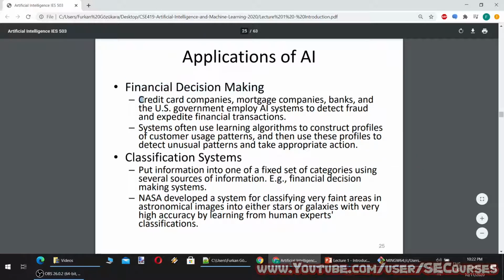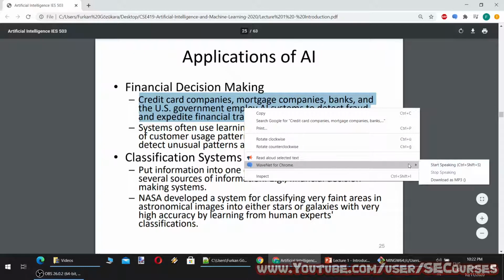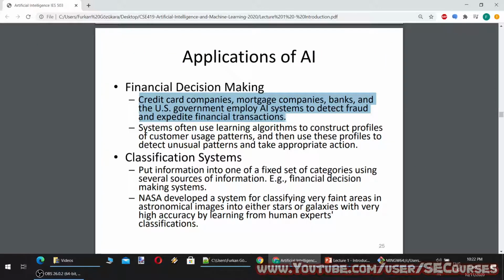Financial decision making. Credit card companies, mortgage companies, banks, and the U.S. government employ AI systems to detect fraud and expedite financial transactions. I don't know how many transactions there are, but probably billions of transactions are going through these companies, these systems each day.